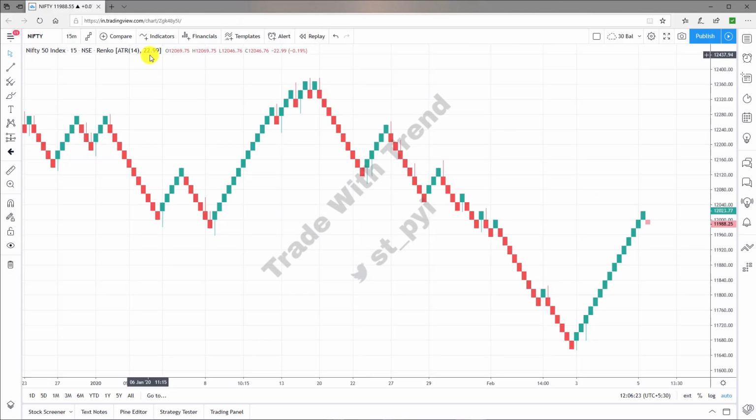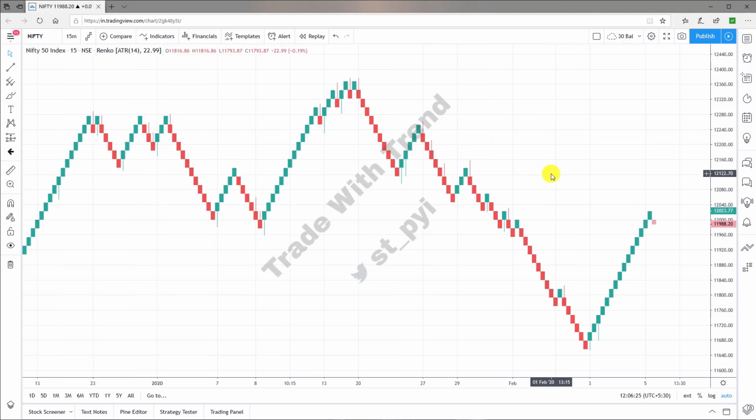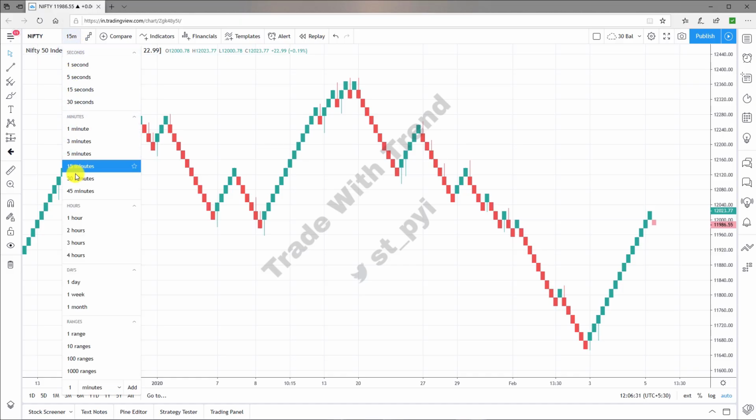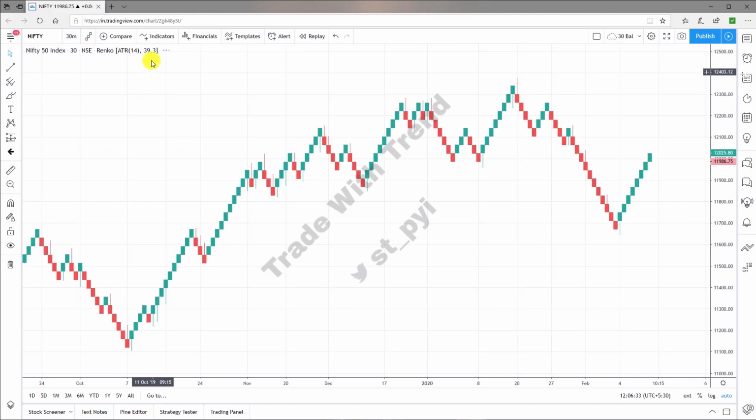Here it is about 23, and there you go, the chart structure is also different. So irrespective of the time frame, whether it is 5-minute, 15-minute, even 30-minute, the ATR value does change and it incorporates the underlying volatility that is present in the underlying instrument. So do take this also into account.